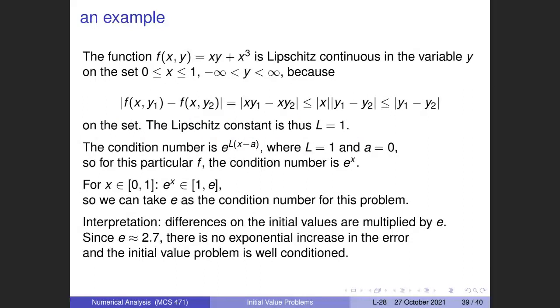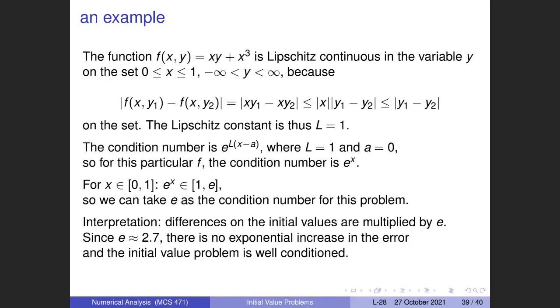Here is another example. We use this example in the family of Lipschitz continuous functions, where we have a very tame Lipschitz constant. So the condition number is this exponential function that we can now evaluate.